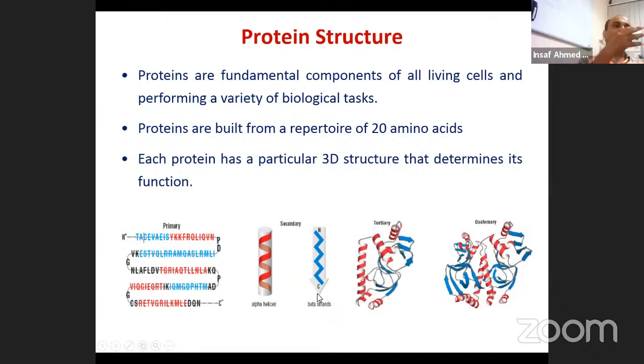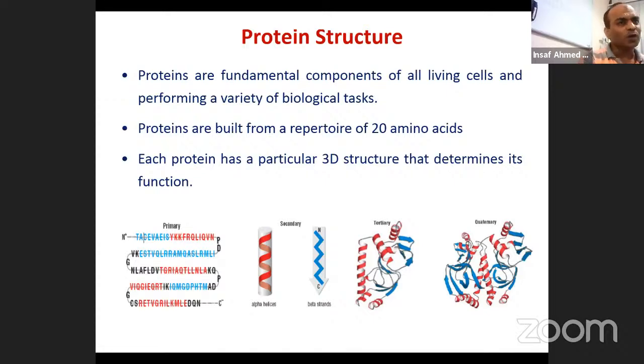And when these alpha helices and beta sheets fold, they make an arrangement of alpha helices and beta sheets, you can call that a tertiary structure. And when more than one polypeptide chain come together and form a structure, that is called the quaternary structure.